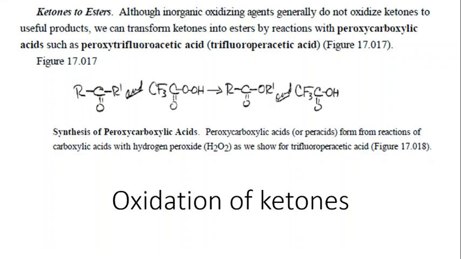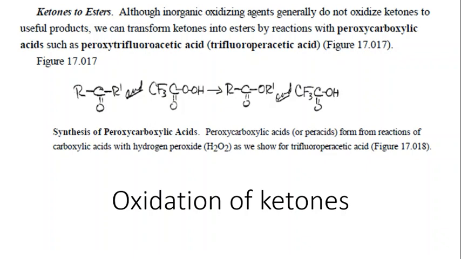In order to bring about the oxidation of ketones, we need a peroxy acid, such as perbenzoic acid, or something like a very strong oxidizing agent in the peroxy acid family, also like CF3COOH, trifluoroacetic acid. You can see that this trifluoroacetic acid contains a very strong electron withdrawing group on one side.